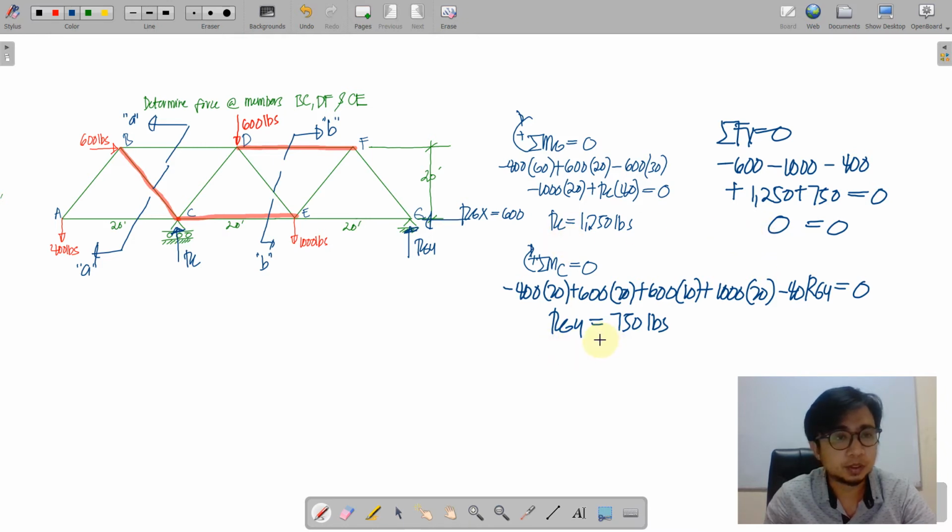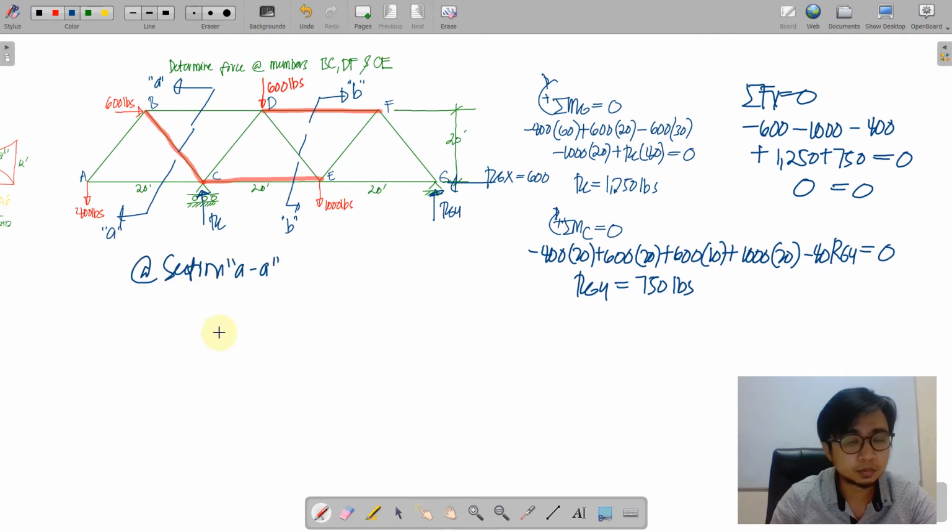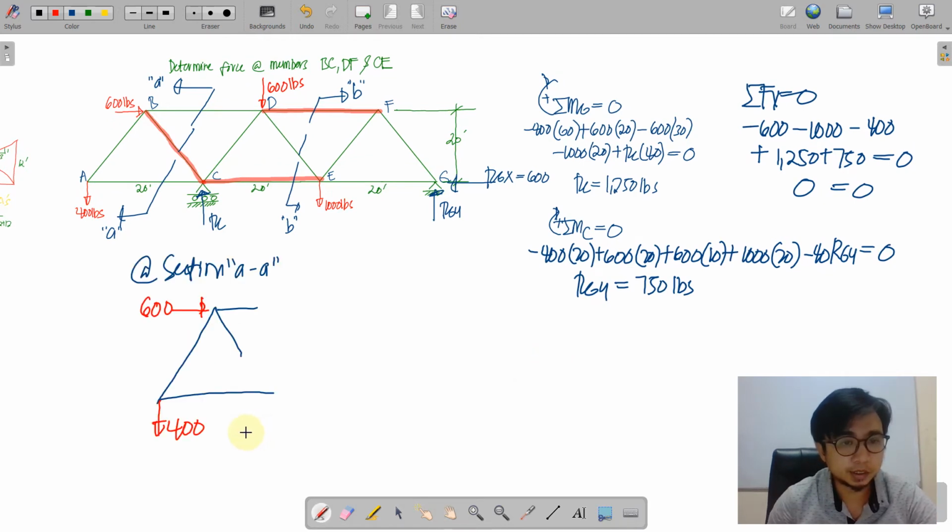We'll now proceed to the method of sections by considering first our section AA. So here is the cut section. There are three members that have been cut here. We have BD, BC, and AC.